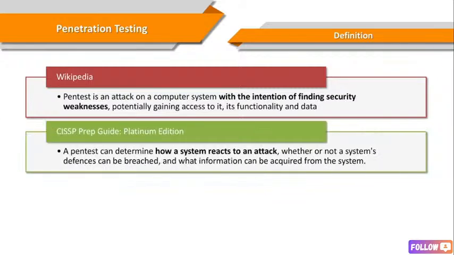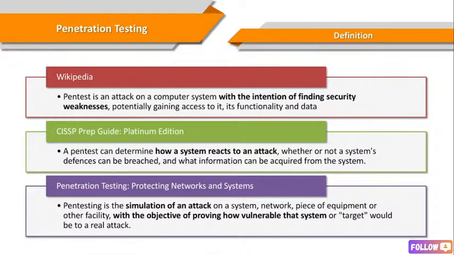Second definition is from the CISSP Preparation Guidebook, and I quote, "A pen test can determine how a system reacts to an attack, whether or not a system's defenses can be breached, and what information can be acquired from the system." Now, the words that I want to emphasize here are how a system reacts to an attack. And the last definition is from another book.